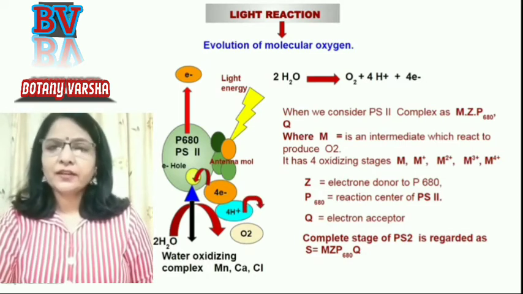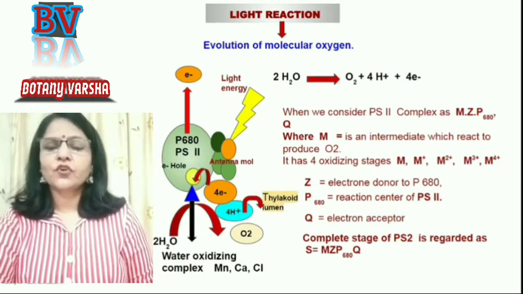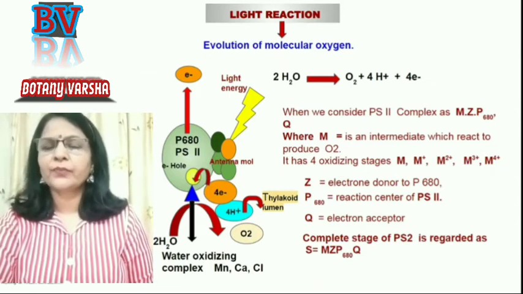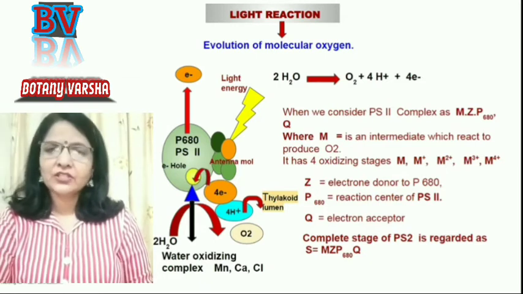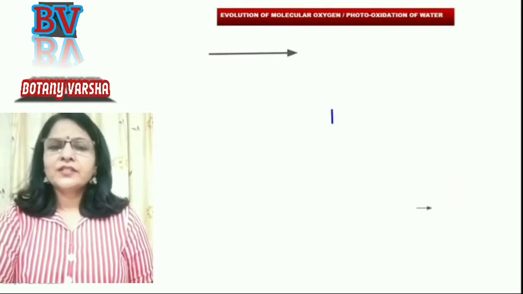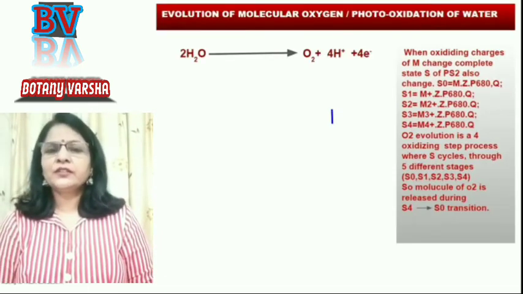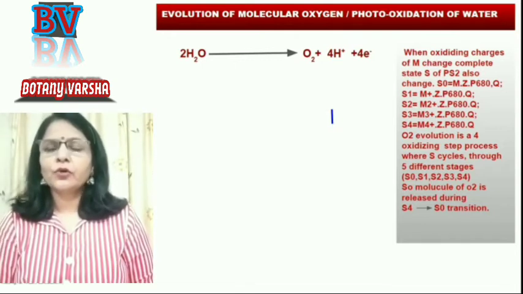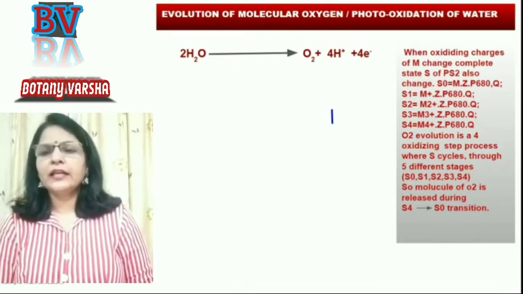And next, the protons which are released after the photooxidation of water are released in the thylakoid lumen. So this is the reaction: two molecules of water photooxidize and produce molecular oxygen, protons and electrons.